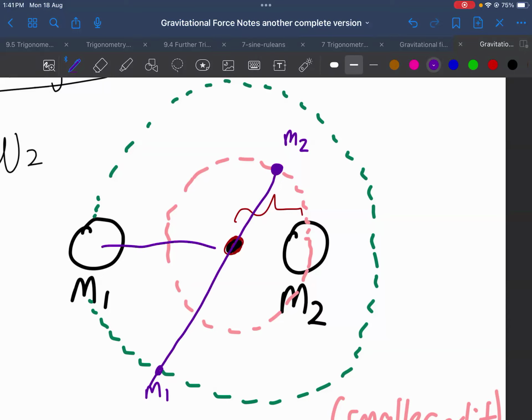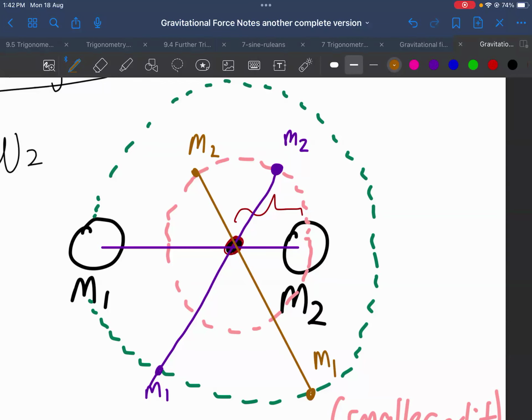You imagine that these two people are playing a game. Let's say M2 wants to catch M1, and obviously M1 wants to escape, wants to stay furthest away from M2. So when M2 is here, I believe M1 must be here, because they have the same period.